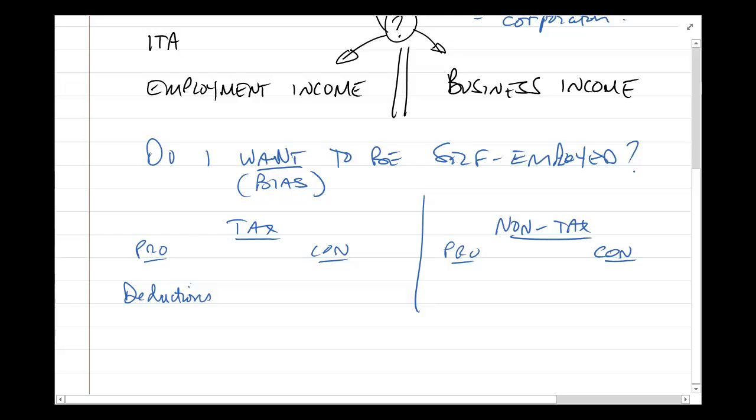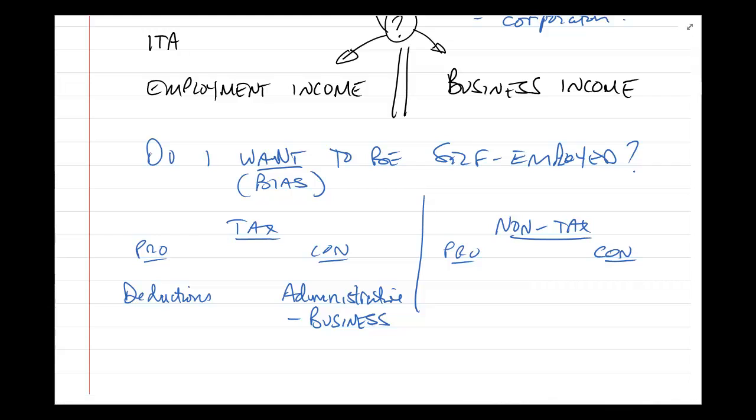And we'll spend some time talking about what those are in a couple of classes, actually, next week. The con of being self-employed, though, from a tax perspective, is really administrative. Okay, meaning you have a lot to do because you're a business. So you've got to keep all your records, you've got to keep everything, whereas for the employee, a lot of that is taken care of.